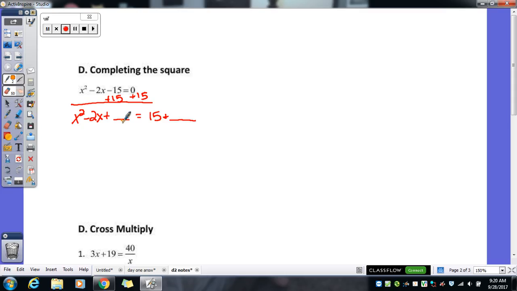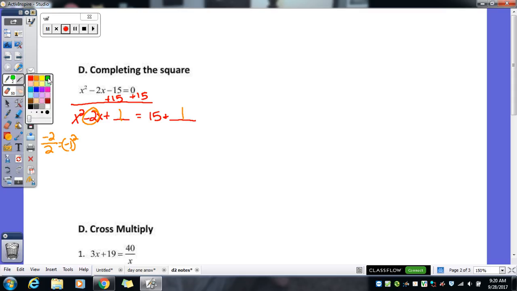So now to get the number that we're going to put on the line, we have to take this number here in front of x, divide it by 2. So negative 2 divided by 2 gives us what? Negative 1. And then we square that. And that gives us 1. So that goes here. 1 and then 1.